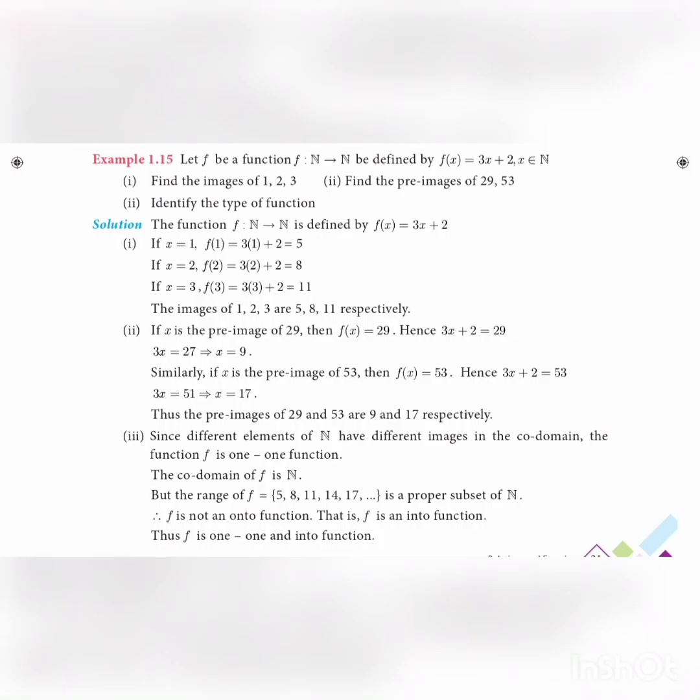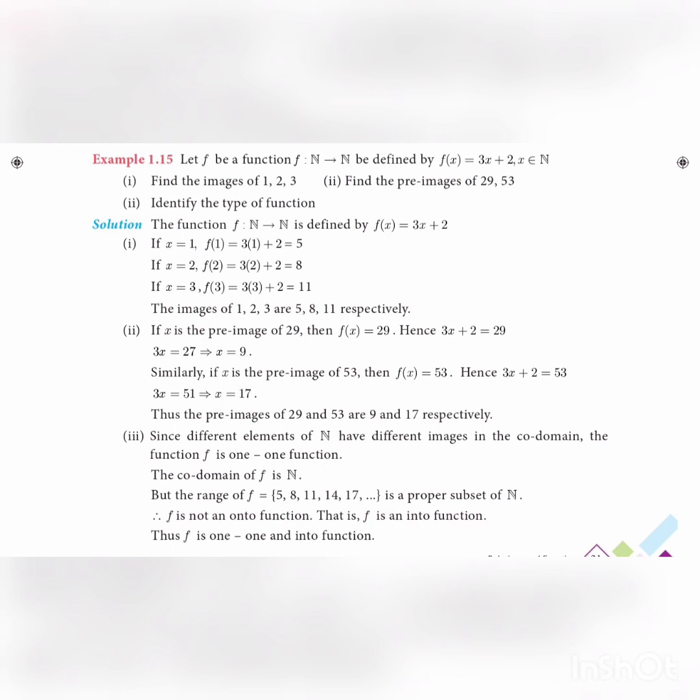1.15 problem. First, we read the example. Let f be a function from natural numbers to natural numbers defined by f of x equal to 3x plus 2, where x belongs to N. Subdivision 1, find the images of 1 to 3. Subdivision 2, find the pre-images of 29 and 53.